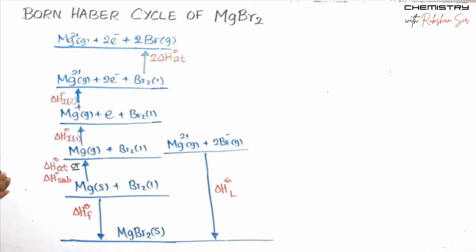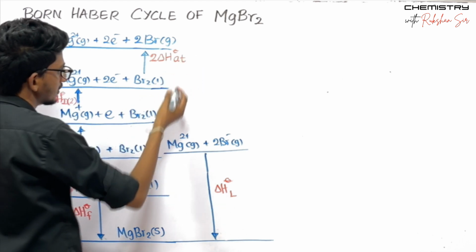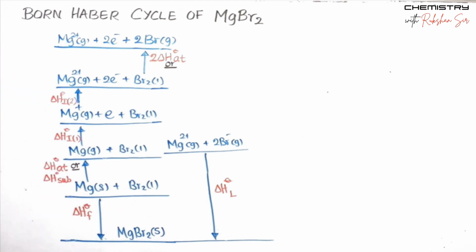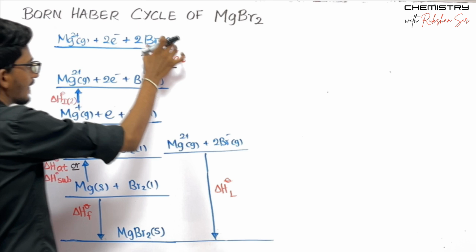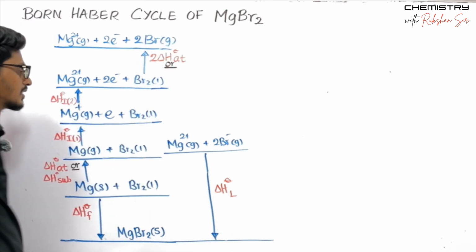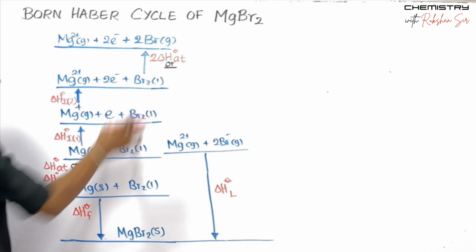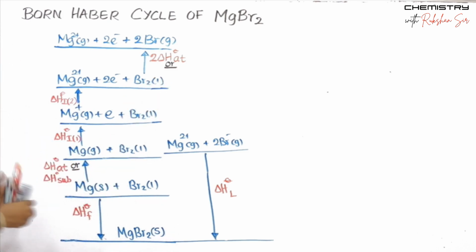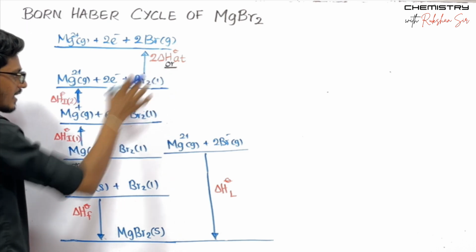Okay. If you are thinking of going through bond dissociation here to produce the monoatomic gaseous species, first you need to convert this into Br2 gas.